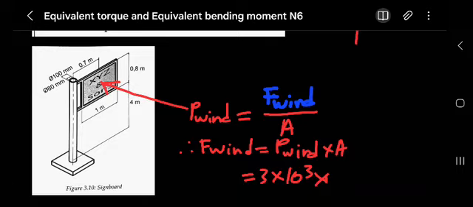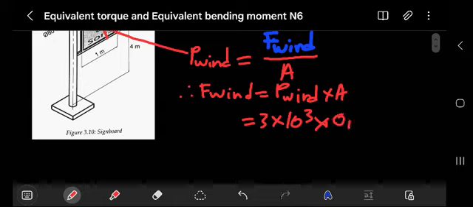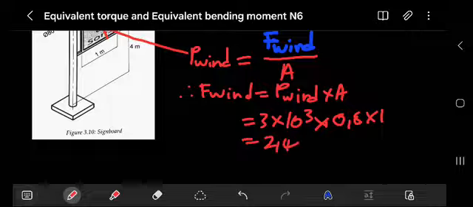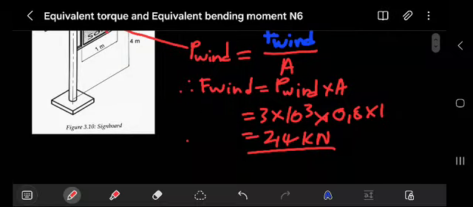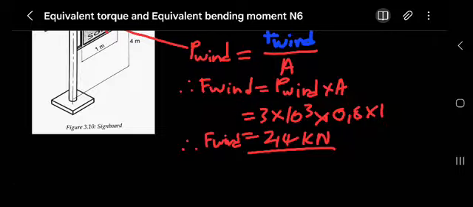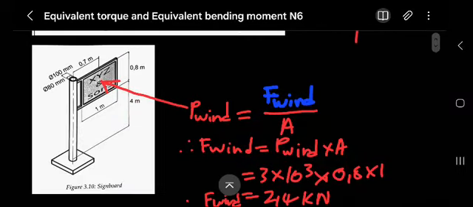The force of the wind will be 2.4 kilonewton. So we have the force of the wind.